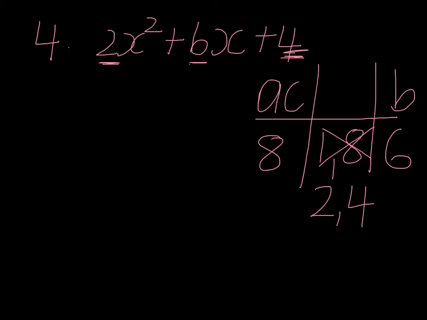Okay, now we cannot go straight to the answer because when a is not equal to 1, you have to do what we call the grouping method. We want to split this term here. So this term, 6x, is going to be split up into 2x and 4x, and that's going to help us get our final factors. So let's have a go.